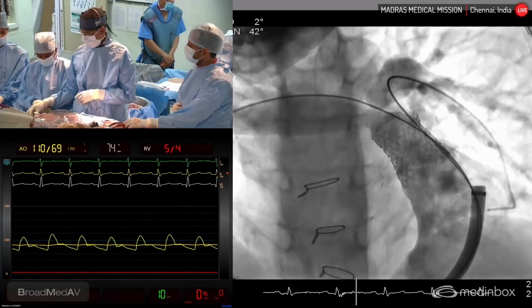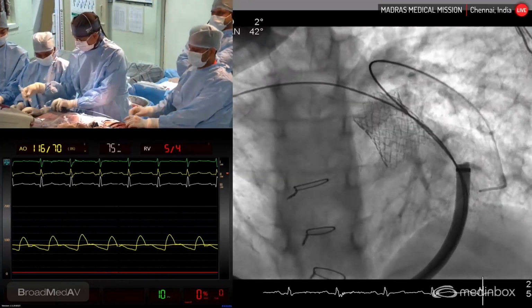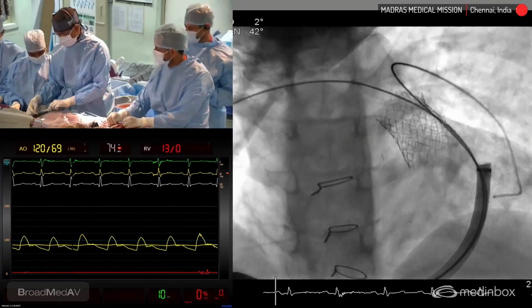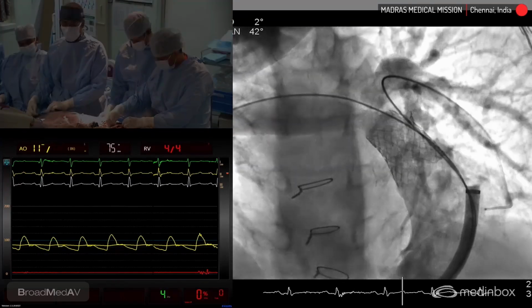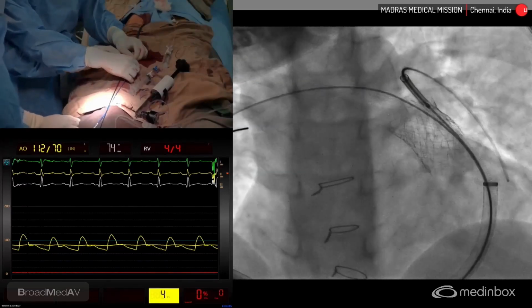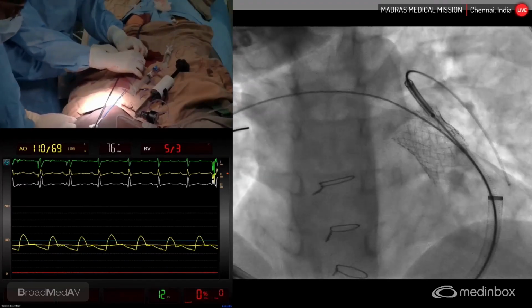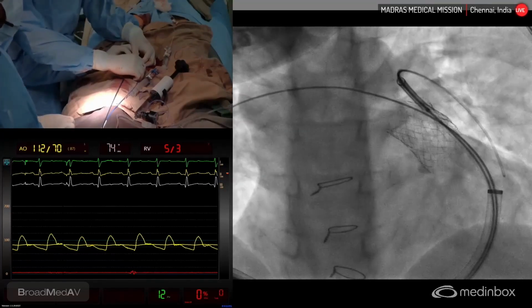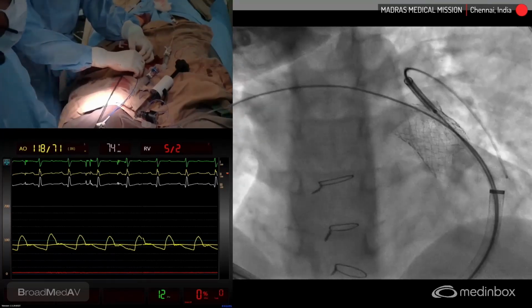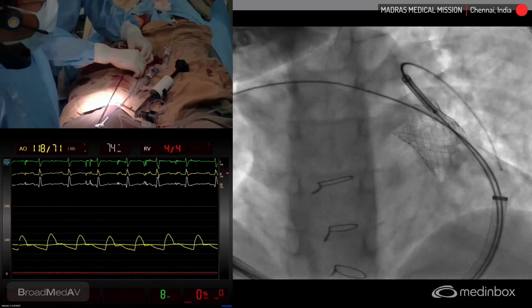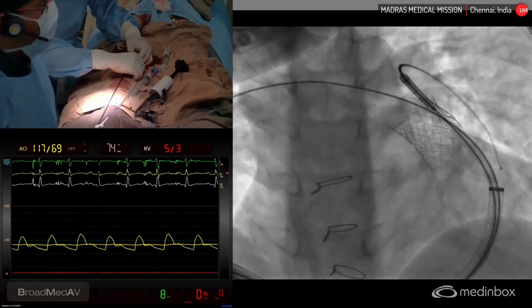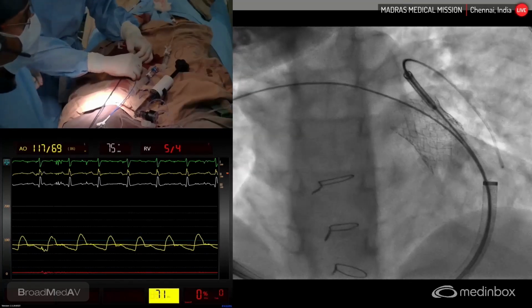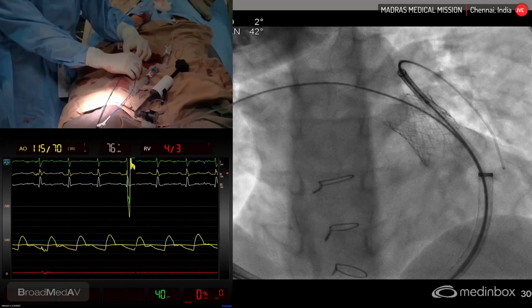Okay, now you hold and control this one. I'm taking this out. Can you do fluoro? I'm taking out this sheath. Out, sir. Okay.